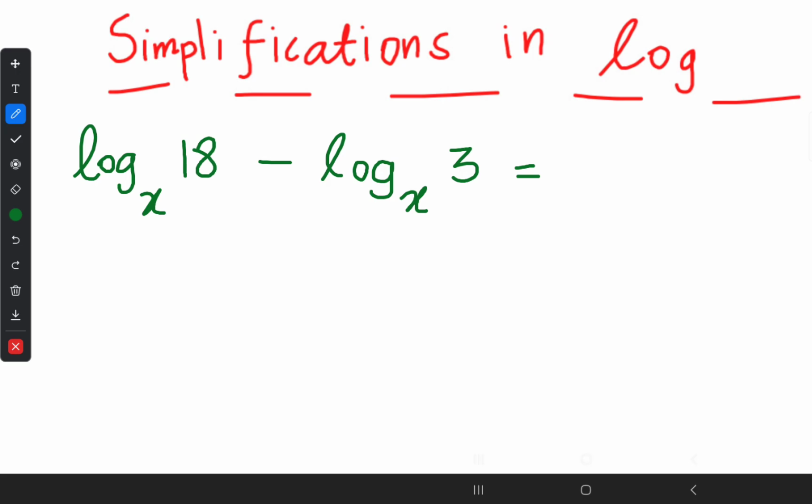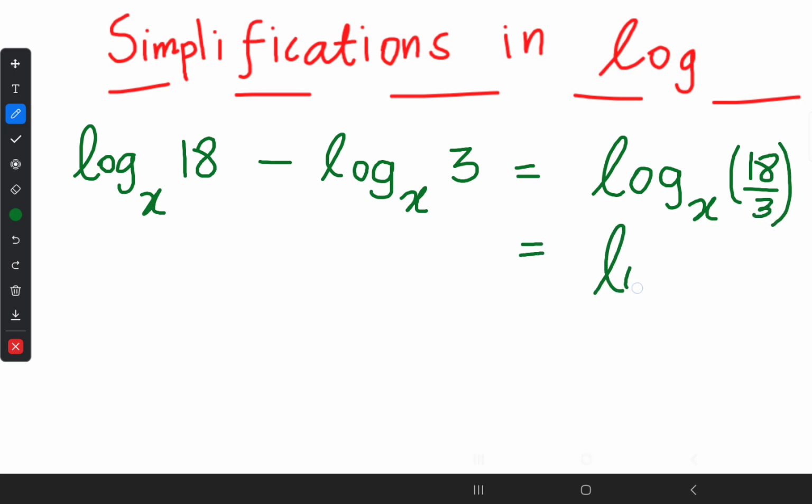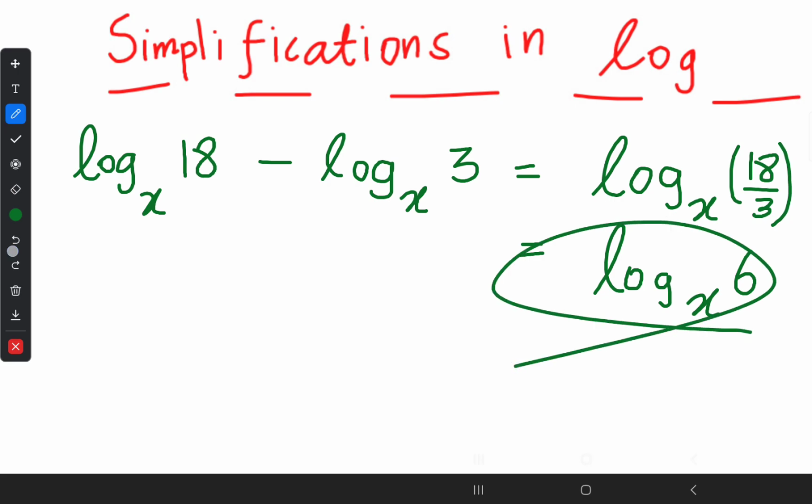Without the same bases, we cannot do it like that; with the same bases only, we can. So if there is any subtraction in logarithmic notation, that will become a division. 18 should be divided by 3, that will become log base x of 6. This would be the final answer for the question.